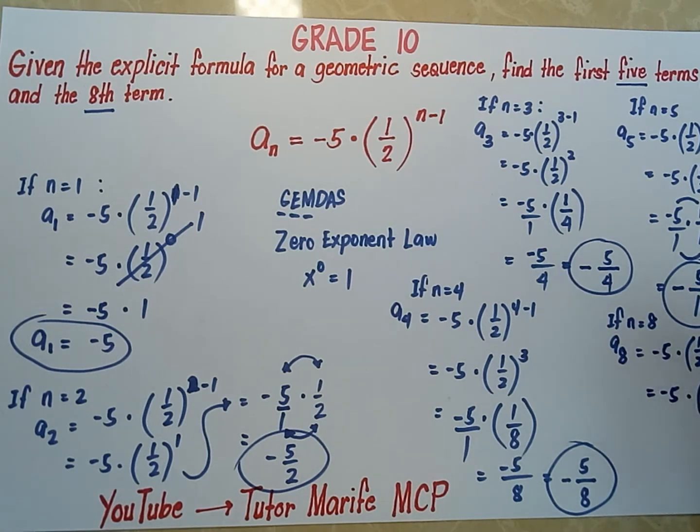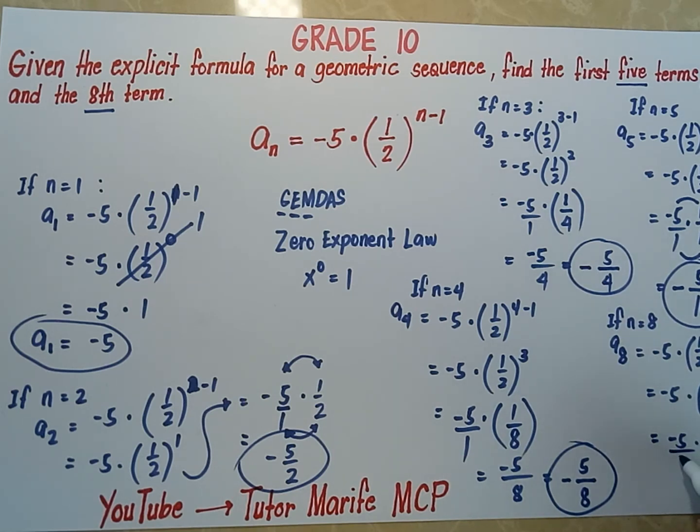Find the difference. It's 7. Evaluate exponential first before you multiply. So negative 5 times. Apply the exponent 7 into both the numerator and the denominator. 1 raised to 7 is 1. 2 raised to 7 is 128.